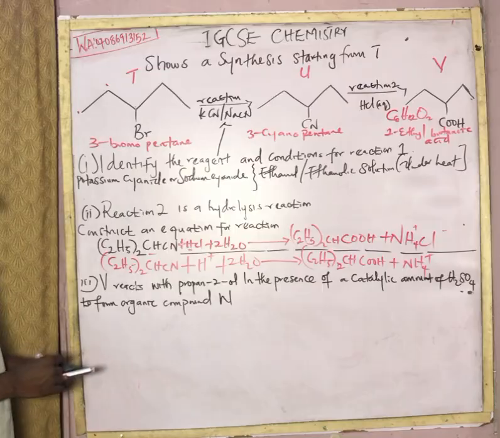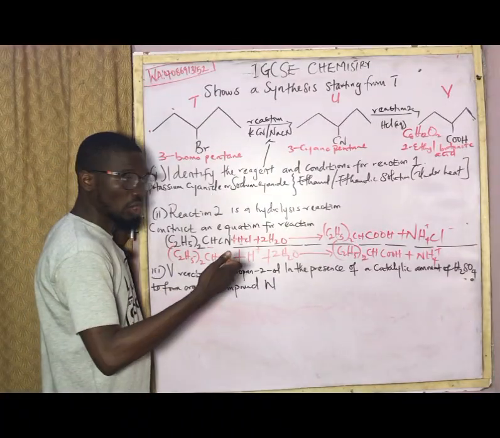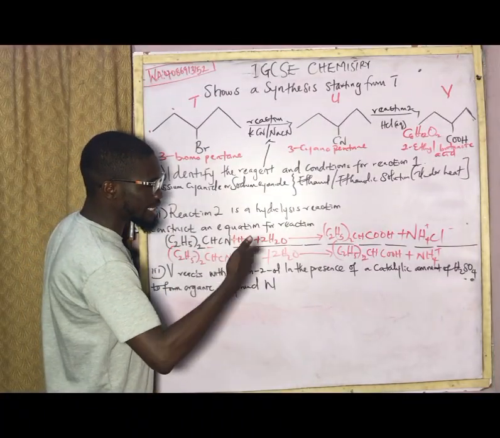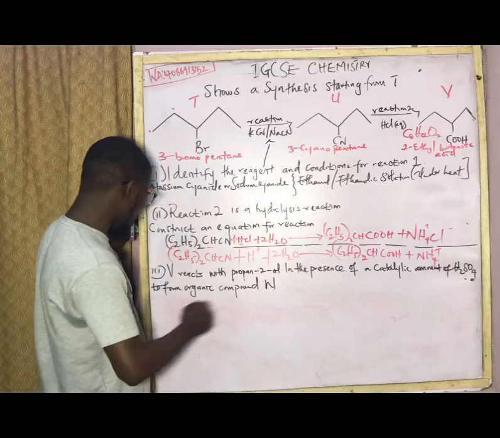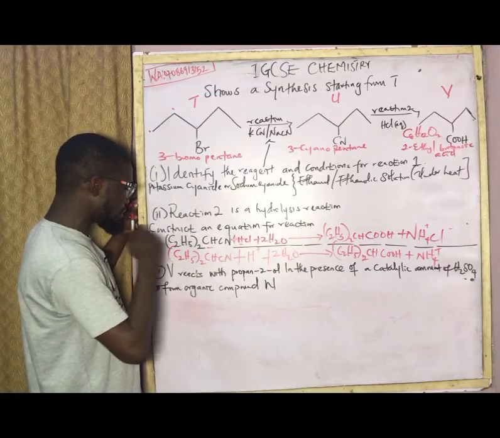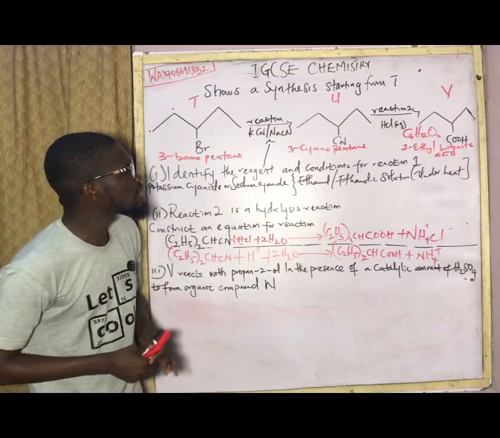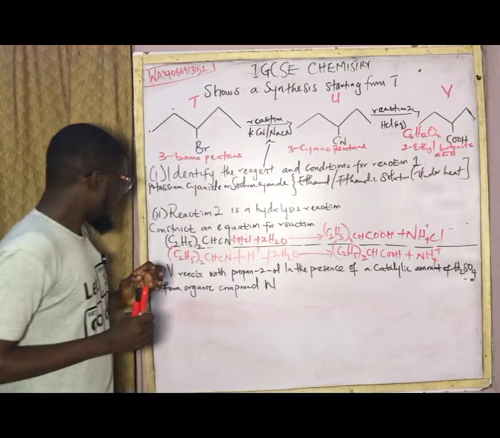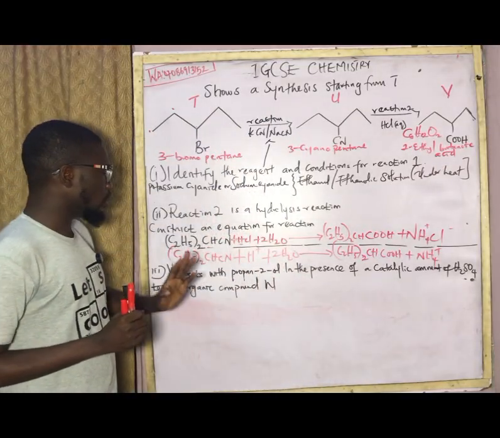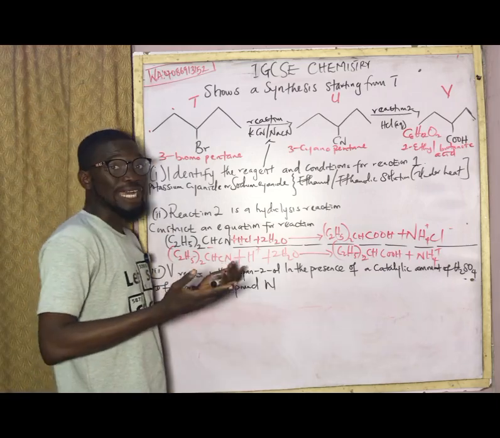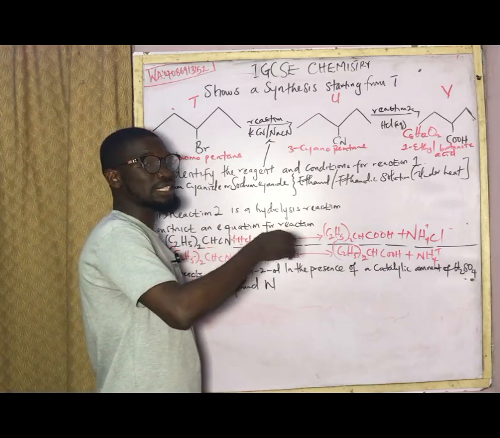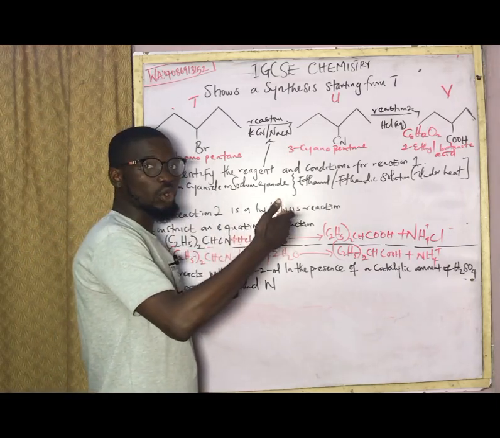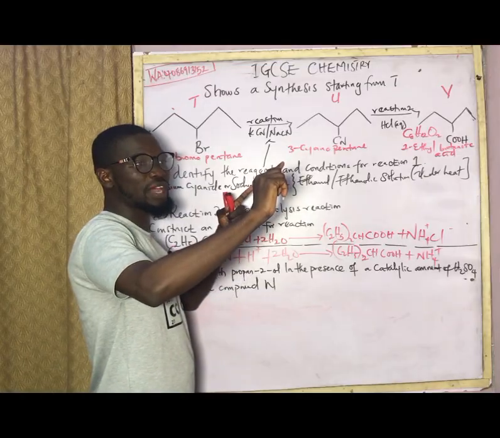The difference here is that V reacts with propan-2-ol in the presence of a catalytic amount of H2SO4 to form organic compound W. Now, our V is known to be 2-ethylbutanoic acid, then propan-2-ol. There's nothing you need to worry about. We all know that when a carboxylic acid reacts with an alcohol, there's a type of reaction that occurs.